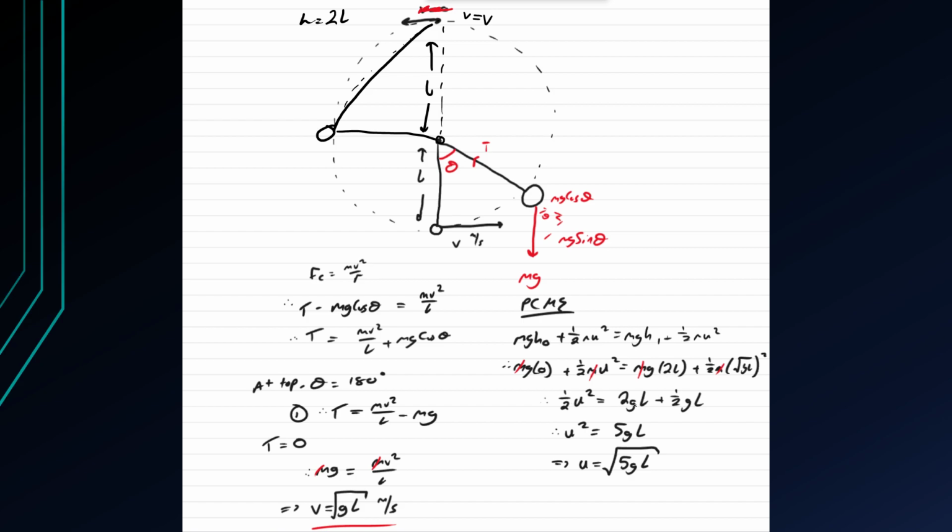So we get a half u squared equals 2gL plus a half gL. Multiplying by 2 and taking the square root, we get that the initial speed u equals the square root of 5gL meters per second. Now, of course, 5g is 49, so you could write this u as 7 root L meters per second, but we'd like to keep the g in wherever possible.